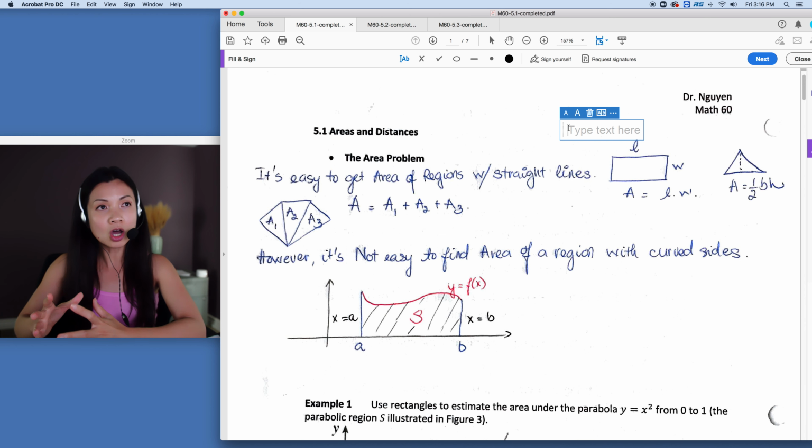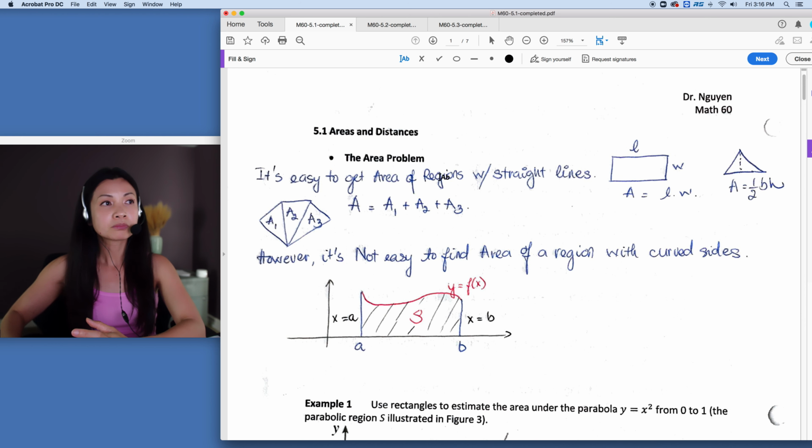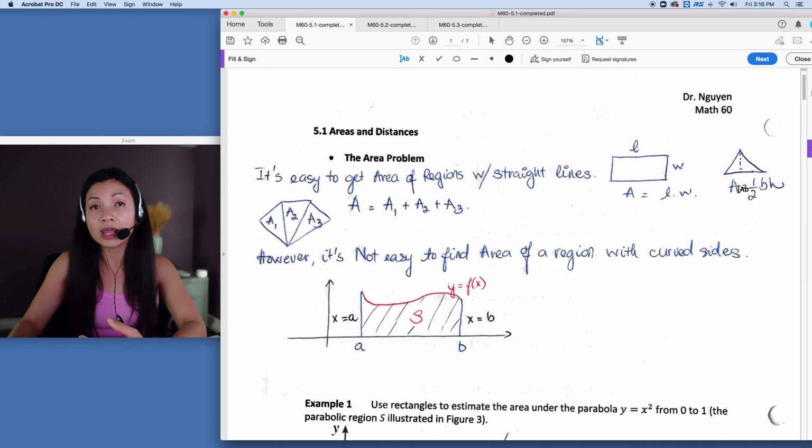Now let's talk about the area of regions with straight lines. For example, the rectangle. We all know that the area is going to be length times width. The area of a triangle is half base times height. So these are very simple because we have the straight lines, right?